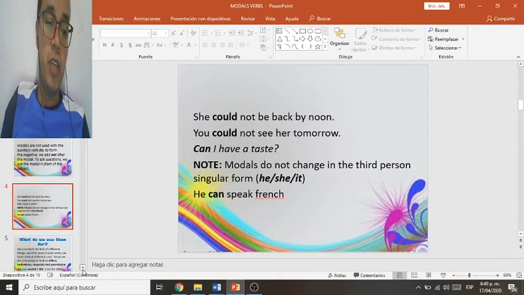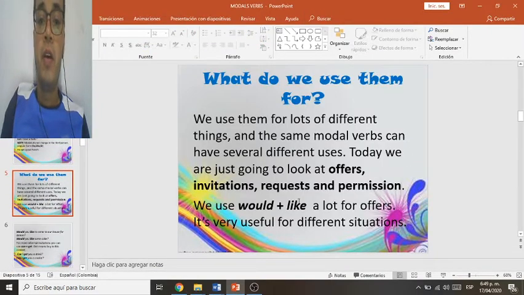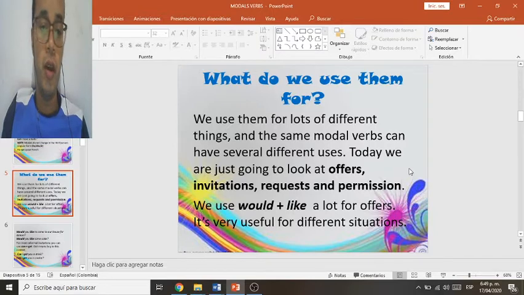So, let's continue checking here. Okay, the function. What is the function of the modals? Let's take a look at the information here. We use them for a lot of different things. For example, for asking permission, for offers, for requests, for invitations, depending on the case.